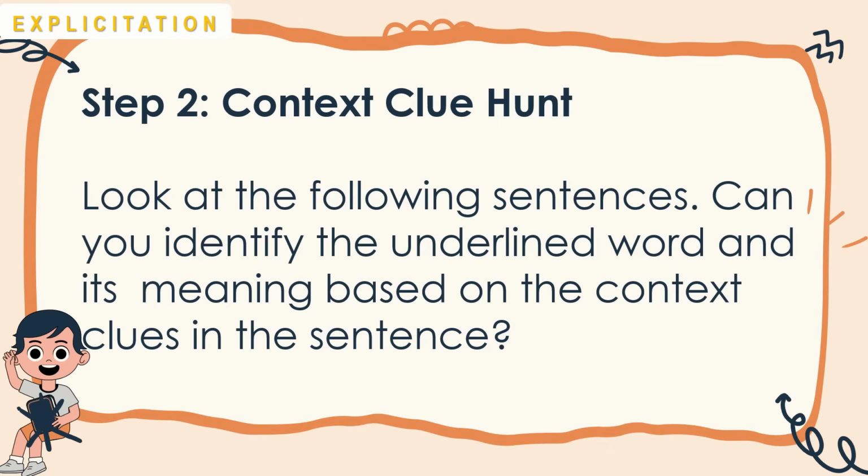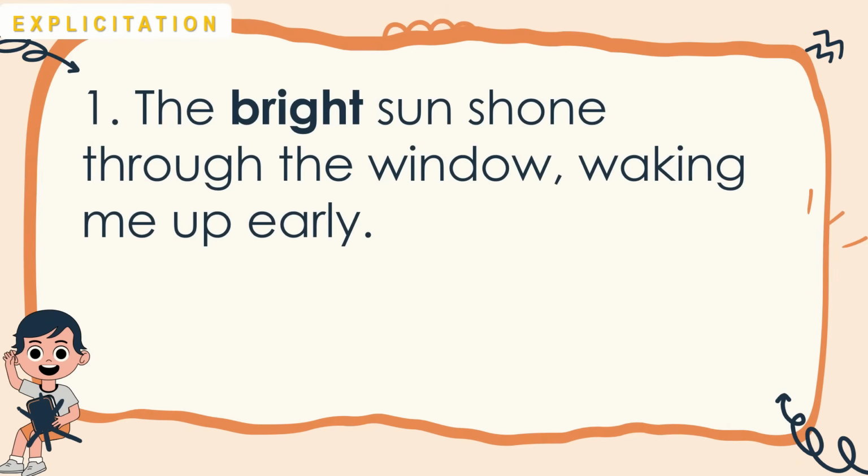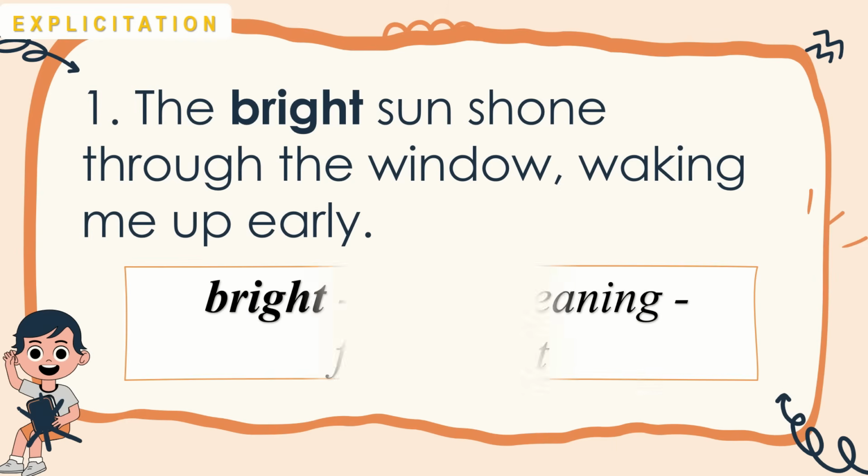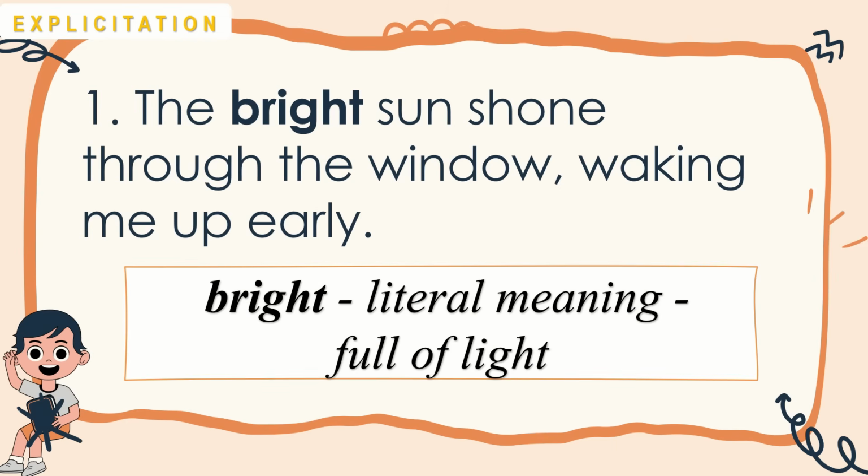Can you identify the underlined word and its meaning based on the context clues in the sentence? The bright sun shone through the window, waking me up early. You're right. The word bright, its literal meaning is full of light.